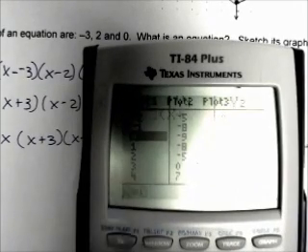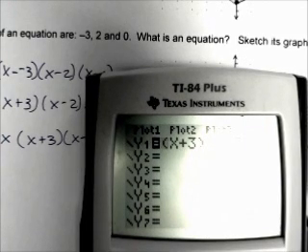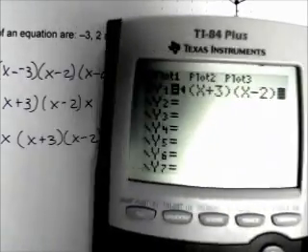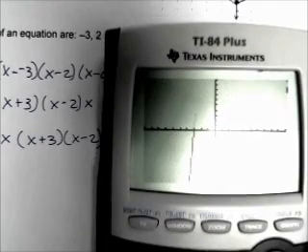Go to the calculator. I'm just going to clear 0 out of there. All right. X times x plus 3 times x minus 2. It's all there. Again, I apologize for the glare. Graph it.